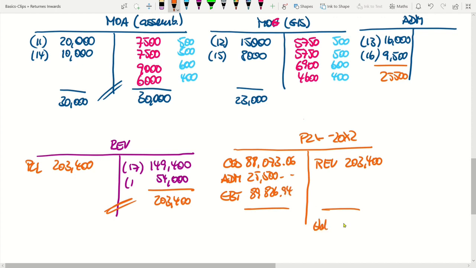Put it to the other side, brought down, 89,826.94. I calculate how much will be taxation by multiplying 30%, which gives me 26,948.08.